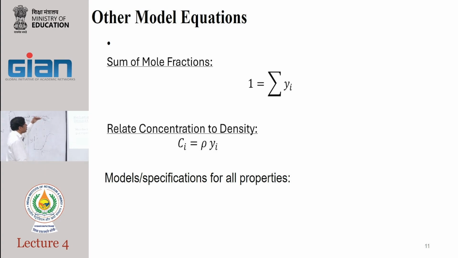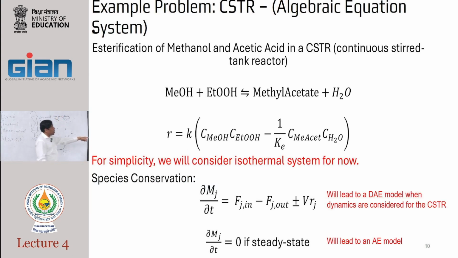So we'll simply write all of the equations we are talking about. Now, in this case, out of this total discussion, what is the properties model that I need to write here? I will go over this equation again. Remember what I said, I have to write a species conservation equation. This is what we wrote here.